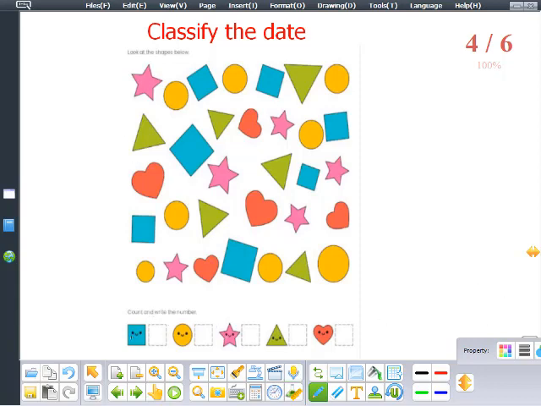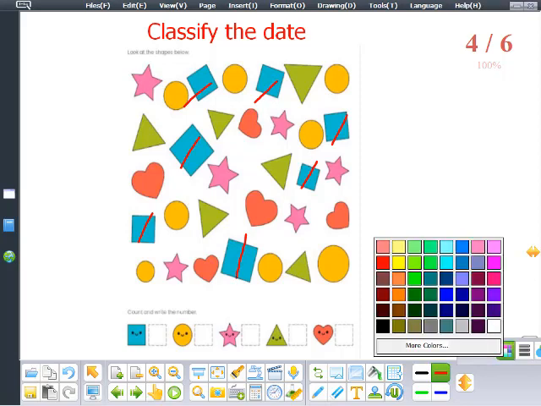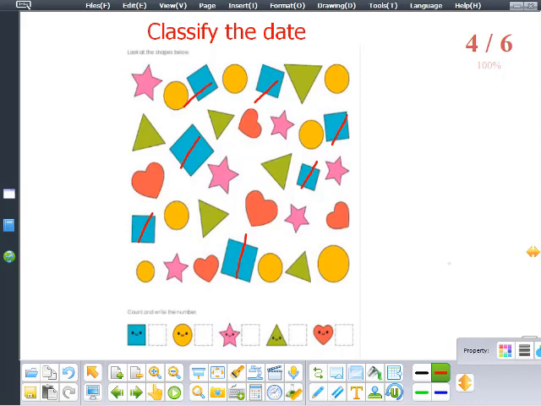For example, let's start with the square. Let's count all the squares. They are blue. 1, 2, 3, 4, 5, 6, 7. How many squares do we have? 7. Well done. Let's write 7 in the square.